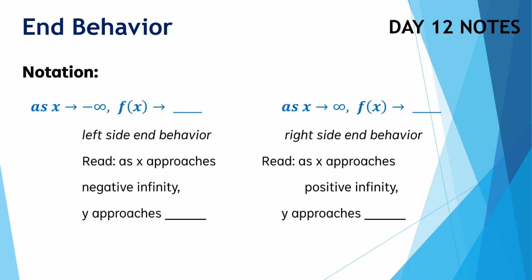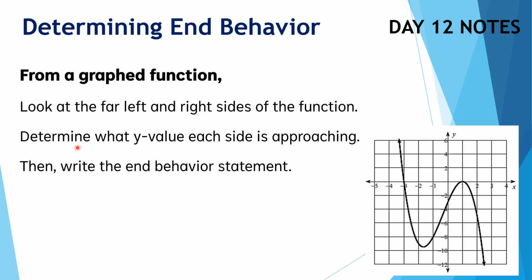So we can determine that by actually looking at the graph. So in this example, we want to look at the far left-hand side of the function, and that side of the function is increasing and going towards positive infinity. So we would say its end behavior approaches positive infinity.